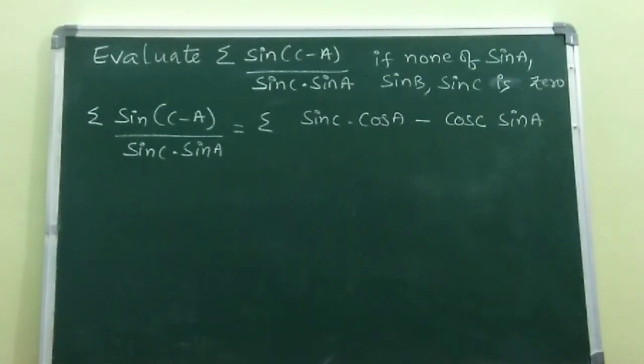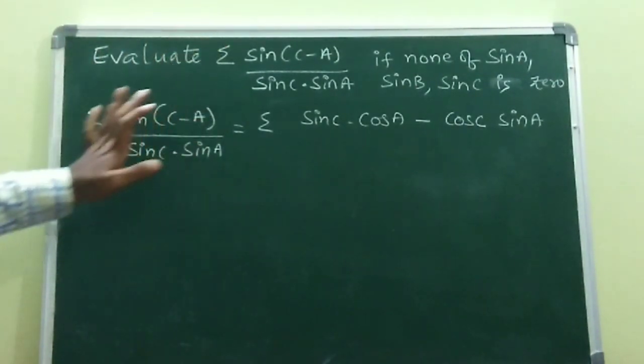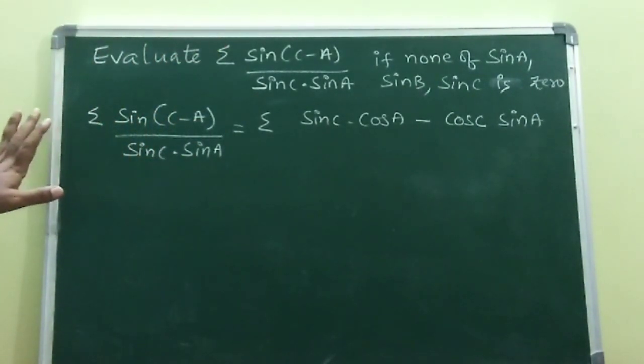Evaluate sigma sin of C minus A by sin C into sin A, if none of sin A, sin B, sin C is 0. So first write the question. What is given? This is what is given to us, isn't it?